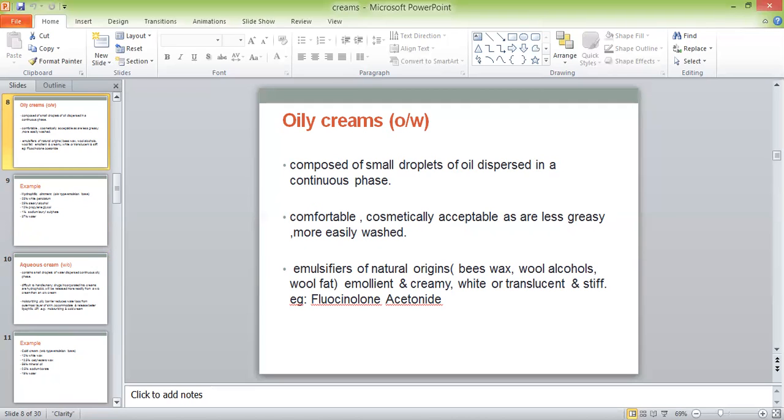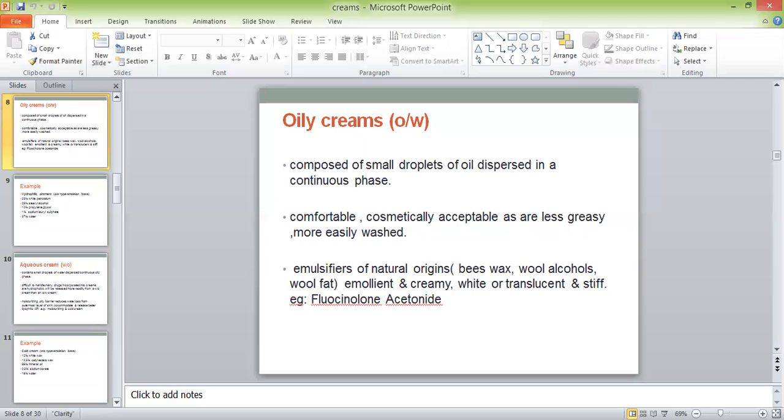Why? Because they are less greasy. They will not stain the clothes or the dressing, and they are very easily removed if you wash off the particular area of skin with water. So they are easily washed with water, or you can say they are water washable.